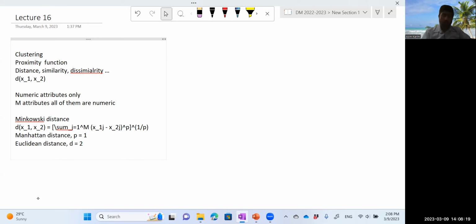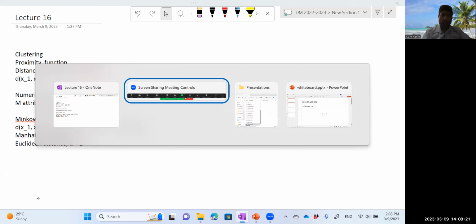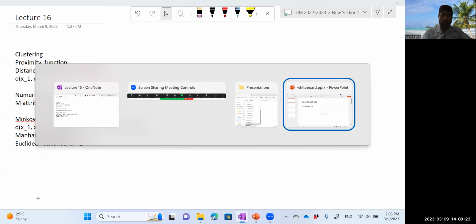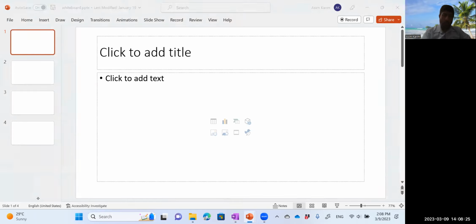So if I want to show you, if we have objects described by two numeric values, meaning that they can be represented by points in the plane, so if you have a point here, this is one x, this is another x. Euclidean distance would be this distance, the straight line distance. Okay?